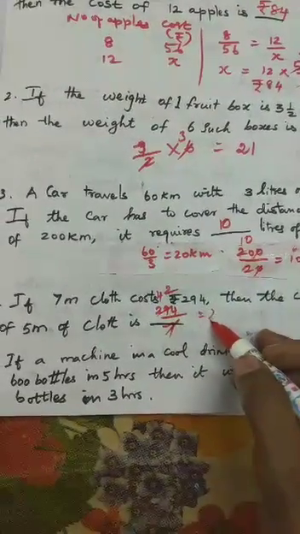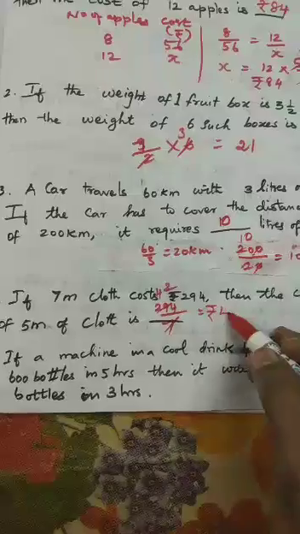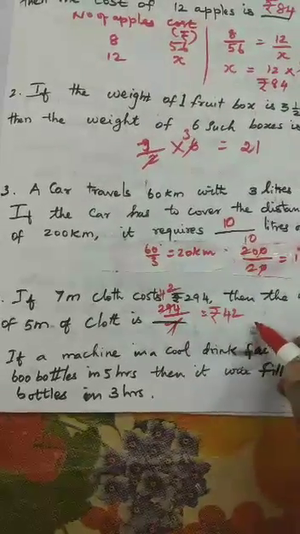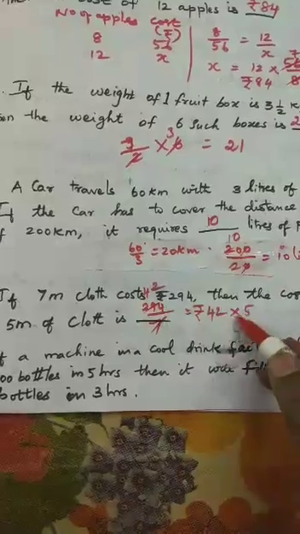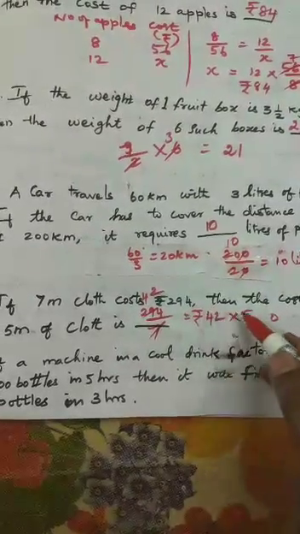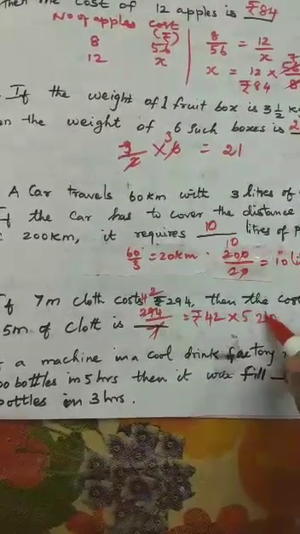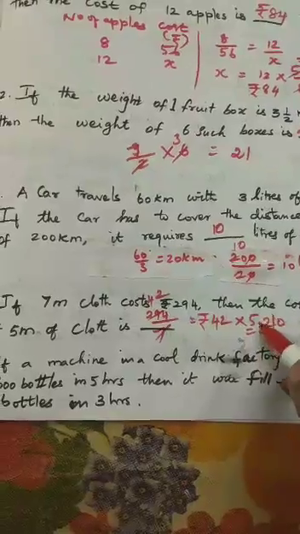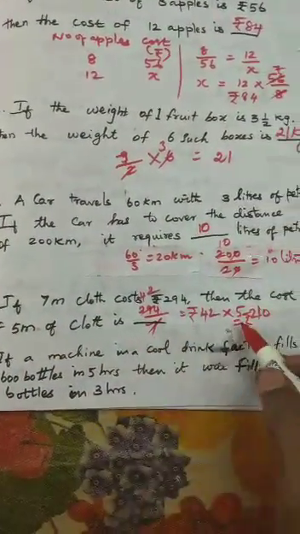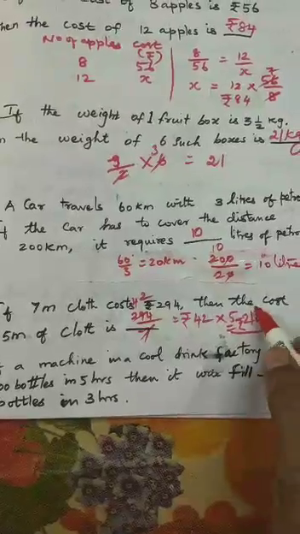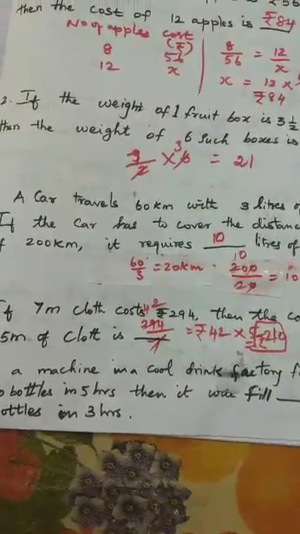So 1 meter cloth is rupees 42. Then for 5 meter you have to multiply by 5. So 5 2s are 10. Remainder 1. 5 4s are 20. Equal to rupees 210. So, for 5 meter cloth, the answer is 210 rupees.